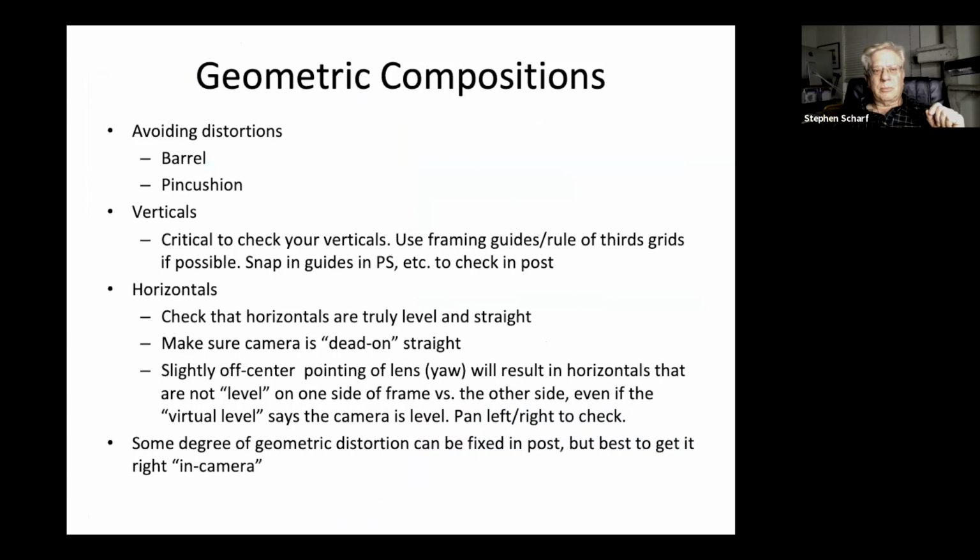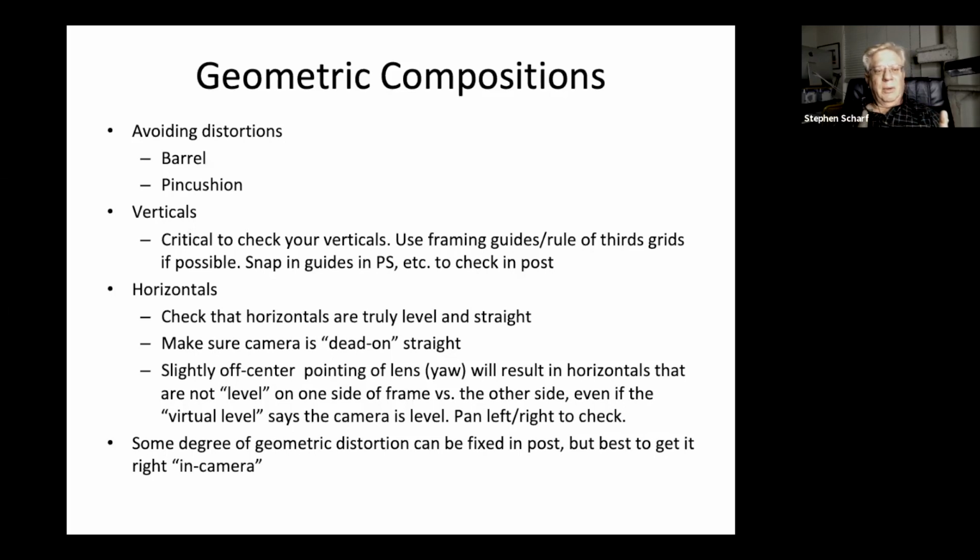All right, we're going to talk a bit here about compositions really quickly in terms of setting up. The key thing here on this slide I really want to talk about is you want to make sure that you use a lens that has minimal barrel or pincushion distortion. All lenses, particularly the wider ones, might suffer from this to some degree, so you want to be mindful of correcting that in post.